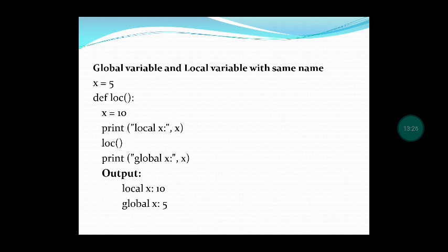We have seen the definitions and rules, and also the example for the local scope, and also the global scope definitions, rules, the global keyword, and various examples. That is, global and local variable both used in the same code and both used with the same name. So by seeing these examples, you have clearly understood about the scope of variable.